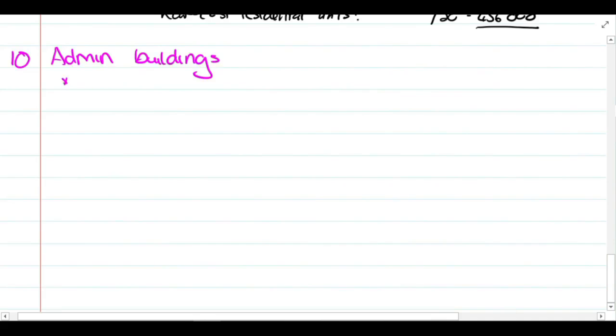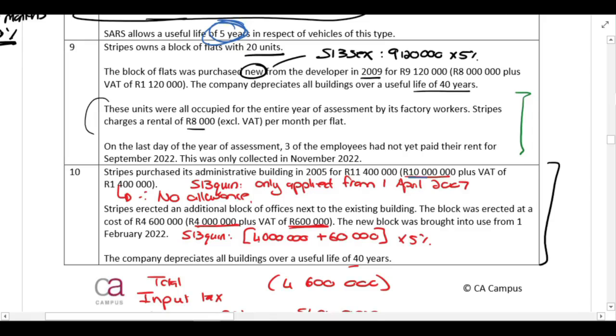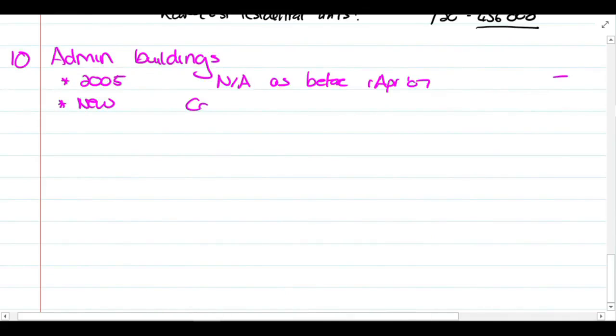So admin buildings. So here's the 2005 one, and this is not allowed as it's before 1 April 2007. And then the new one that was built, where is that? It's 4 million. VAT.